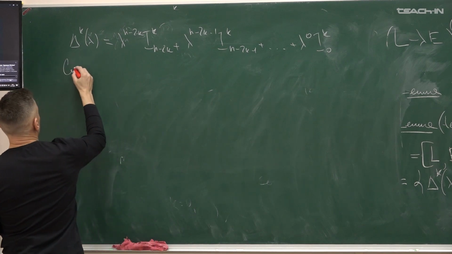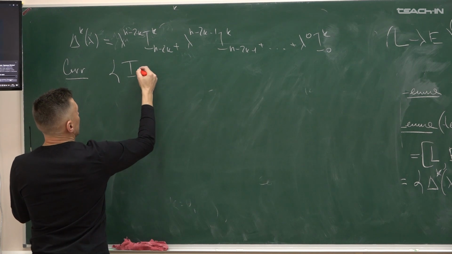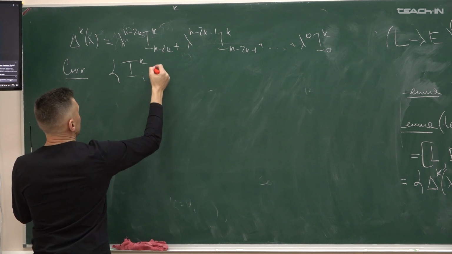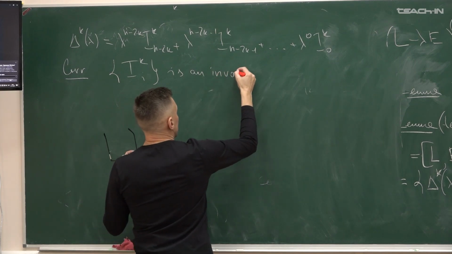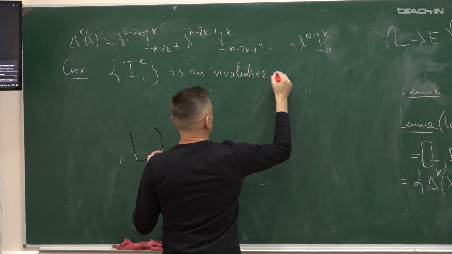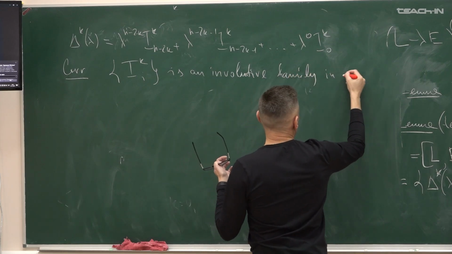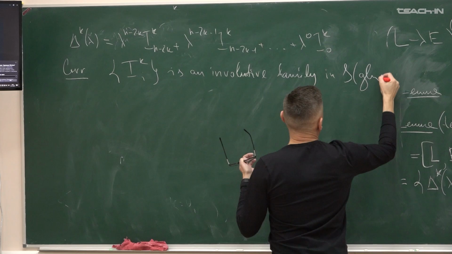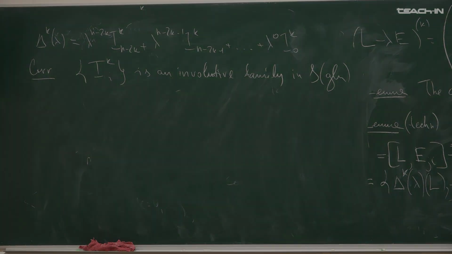So the first corollary is that the whole set of k i is an involutive family in S of GLN. It's the consequence of the Gelfand-Tsetlin idea. Do you agree?